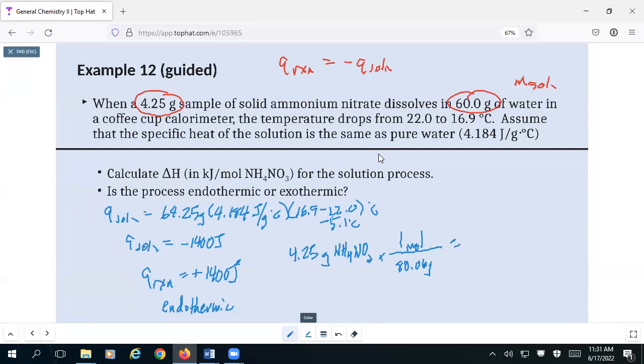So 4.25 divided by 80.06, 0.0531 moles. So delta H is equal to 1,400 joules divided by 0.0531 moles.